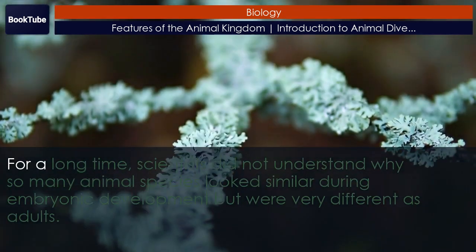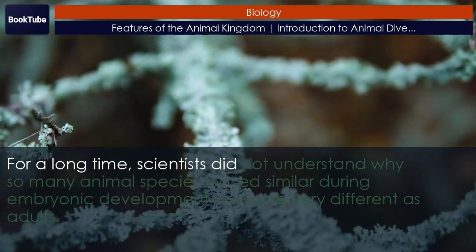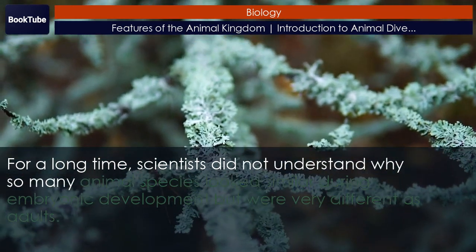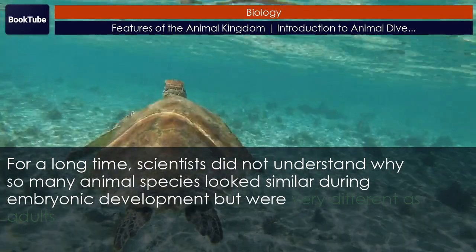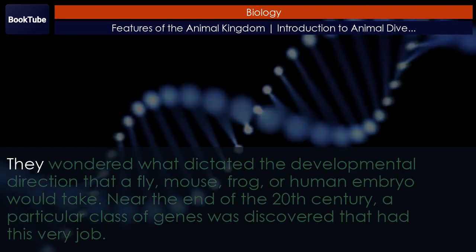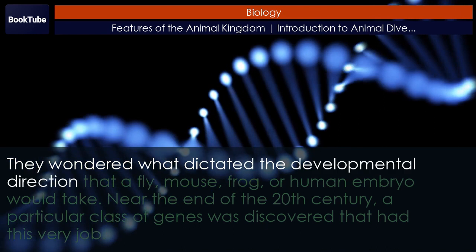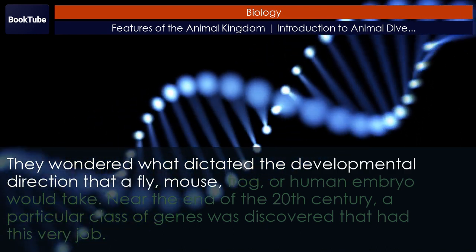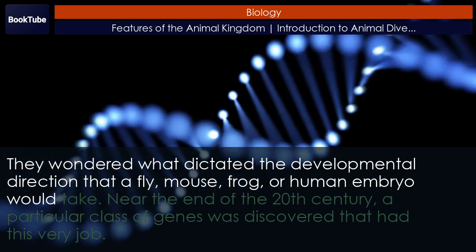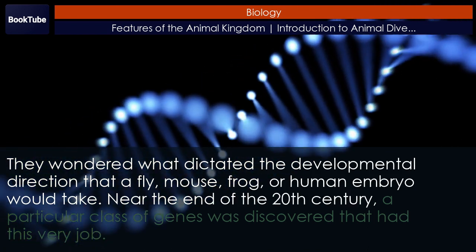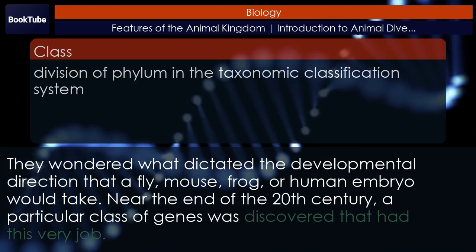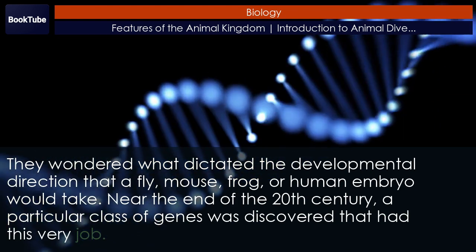For a long time, scientists did not understand why so many animal species looked similar during embryonic development but were very different as adults. They wondered what dictated the developmental direction that a fly, mouse, frog, or human embryo would take. Near the end of the 20th century, a particular class of genes was discovered that had this very job.